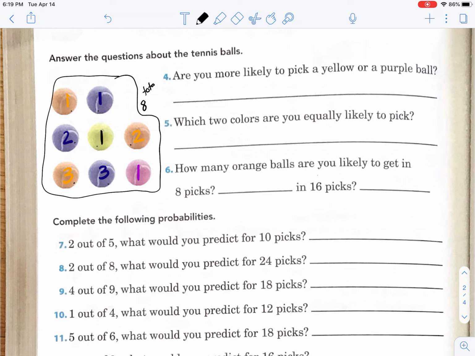All right, do you see that? So now that we have that, we know there are 8 total, and whatever we discovered out of those colors will be the fraction. So what does it say? Are you more likely to pick a yellow or a purple? Well, yellow, how many did we have? Yellow was only what?